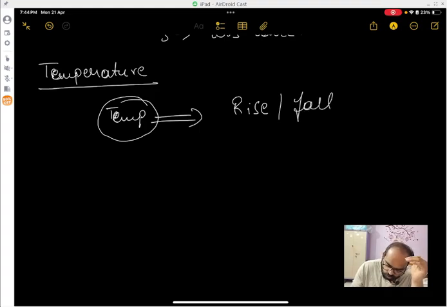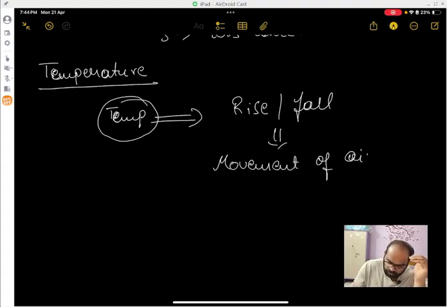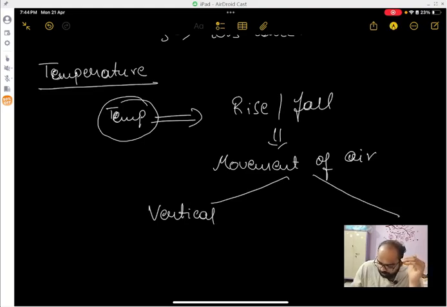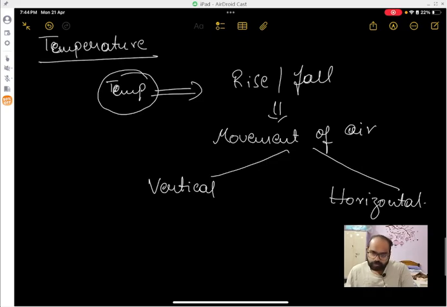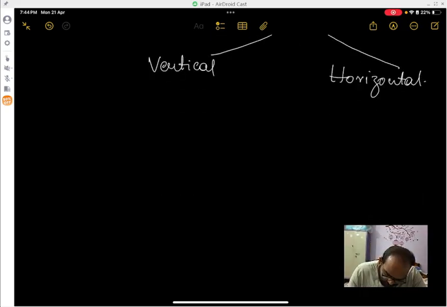We can see movement of air, and this movement would be vertical and horizontal. Now we will look into vertical movement of air.